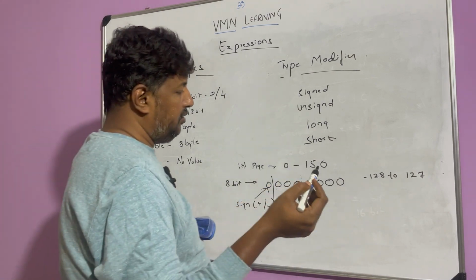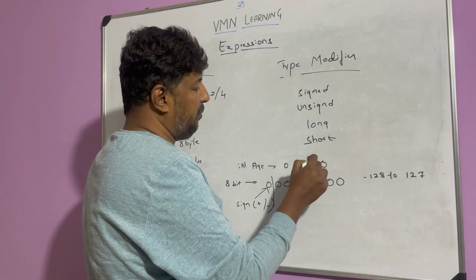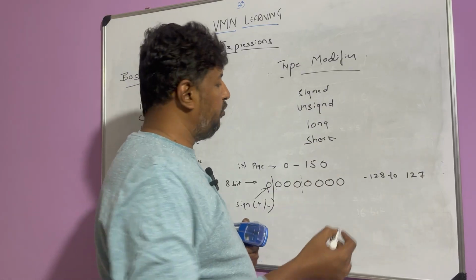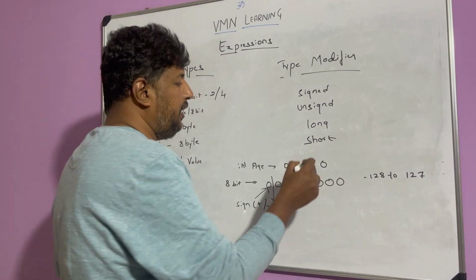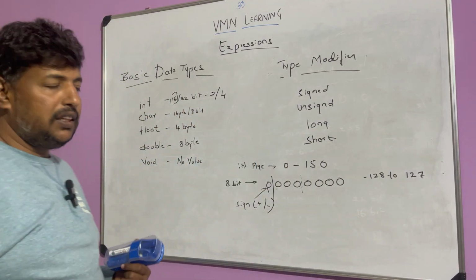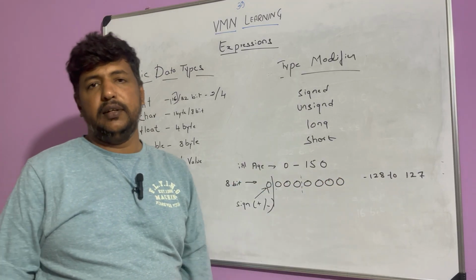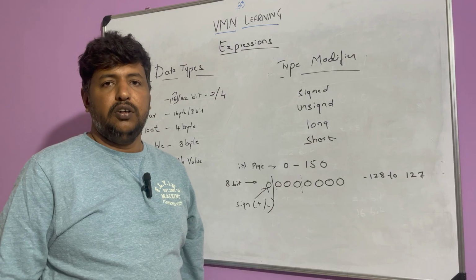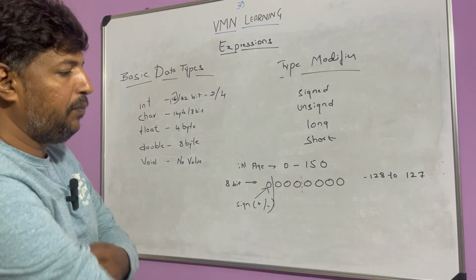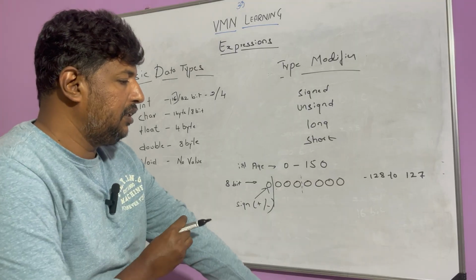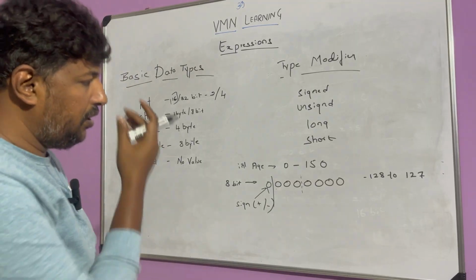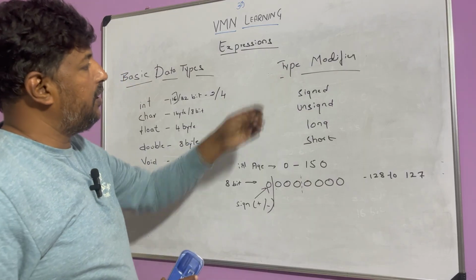Now, as per our assumption, the maximum allowed value is going to be 150. But it doesn't support this, right? What can we do? There are many things we can do using these type modifiers.